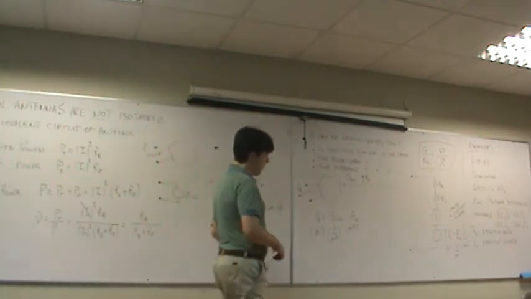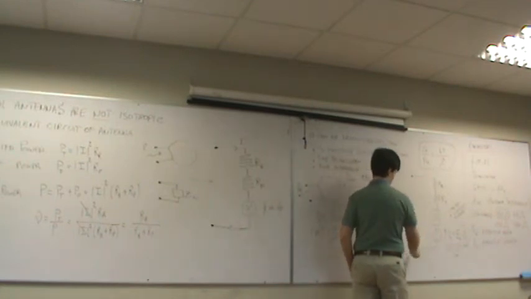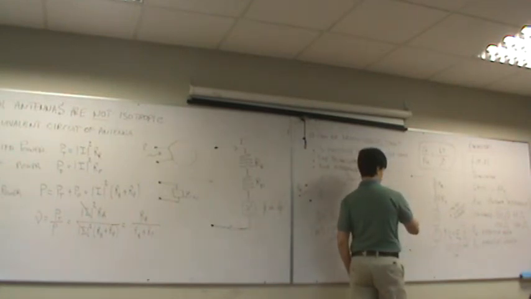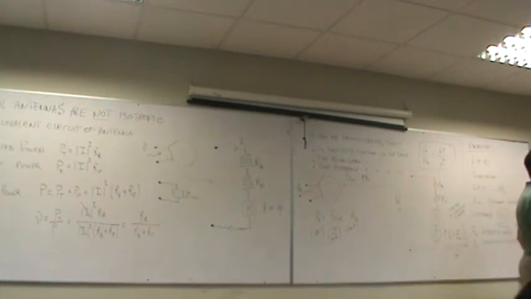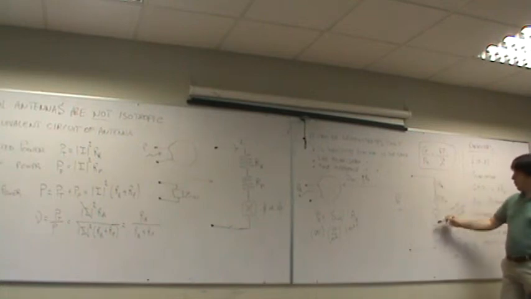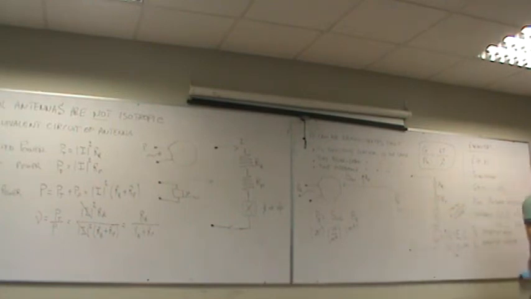Okay, so this generator is transferring a power PR to the receiver. What is the power that can be transferred to a load?